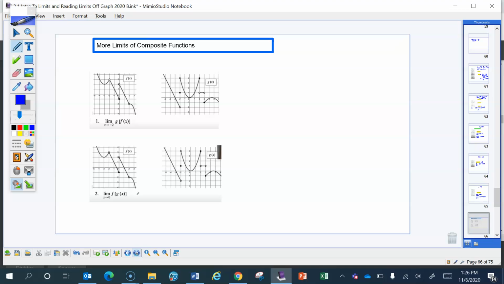Here are some more limits of composite functions, and these ones get a little trickier. So we have the limit as x approaches -2 of g of f of x. So again, I'm going to let u equal f of x. So now I'm going to look at the limit as x approaches -2 of function f.